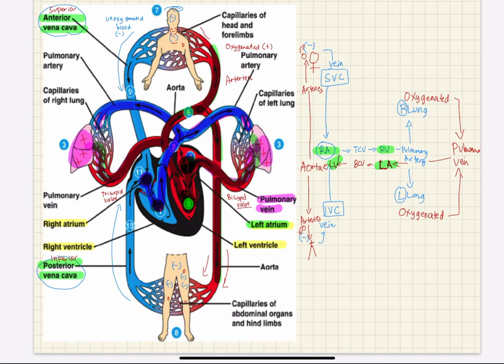And then again, pag pumunta na sila sa different parts of the body, yung dugo po na oxygenated will now become unoxygenated. Okay? And then, dadaan po sila again sa veins, papunta sa inferior and superior vena cava, pupunta sila sa right atrium. And then the cycle goes on and on and on.